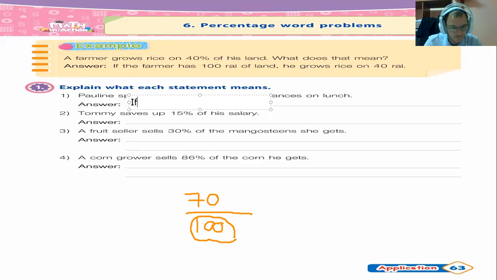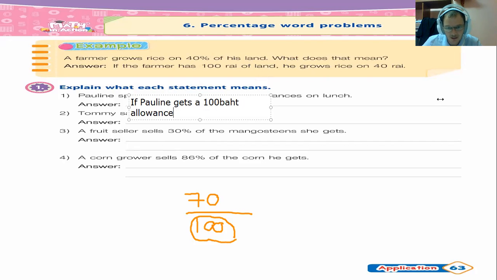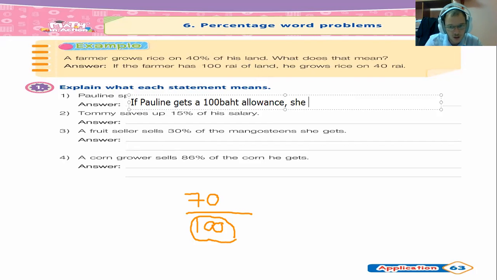If Pauline gets 100 baht allowance, she spends 70 baht on food.